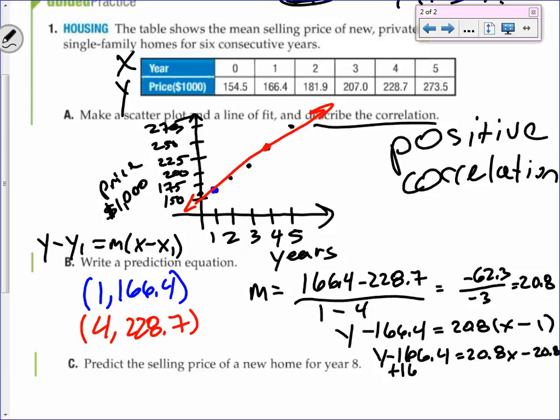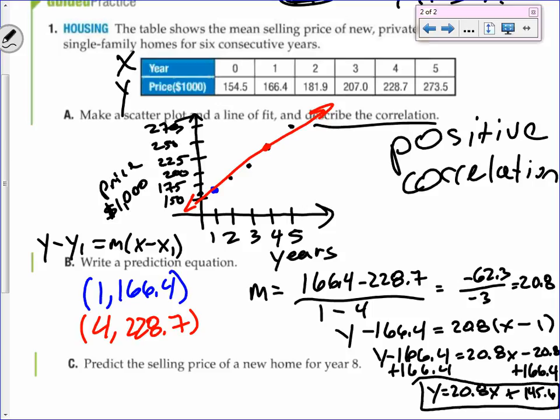Add 166.4 to both sides. This gives y equals 20.8x plus, using the calculator over here, 145.6.